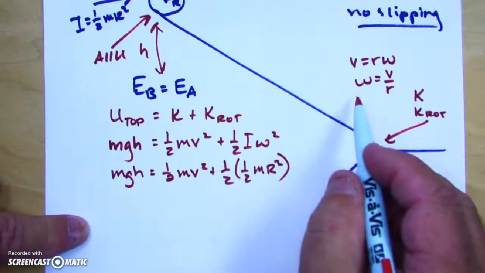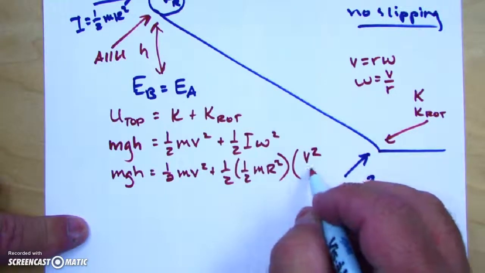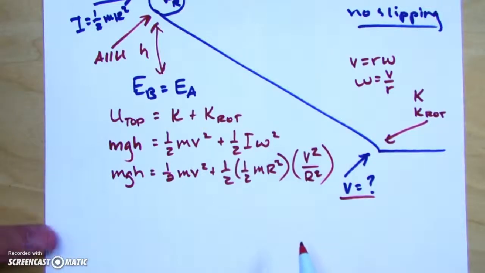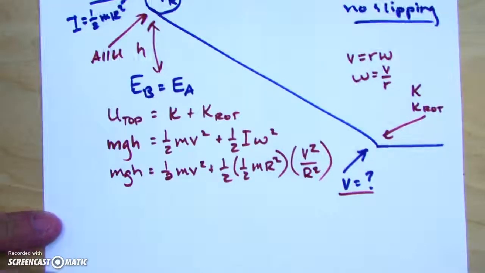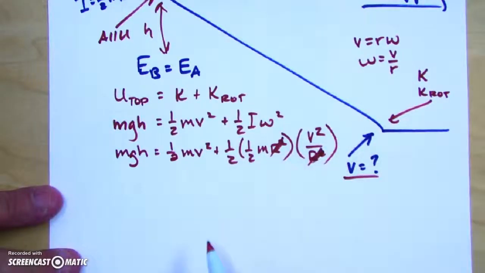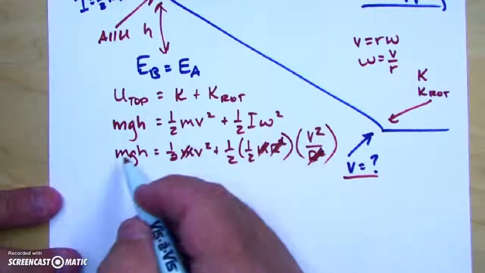So now I'm going to square that and put it in there. I get v squared over r squared. That cancels out right there. Hey, there's an m in every term, so m can go bye-bye.